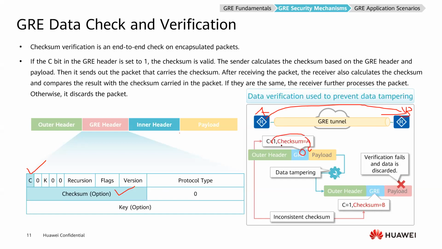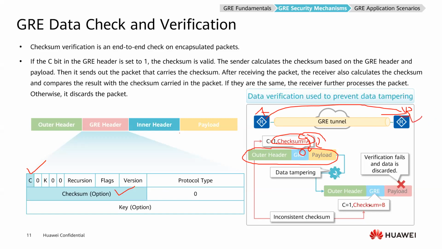You can consider this checksum like an MD5 hash calculation, creating some value for the checksum, and sends it to the other side.